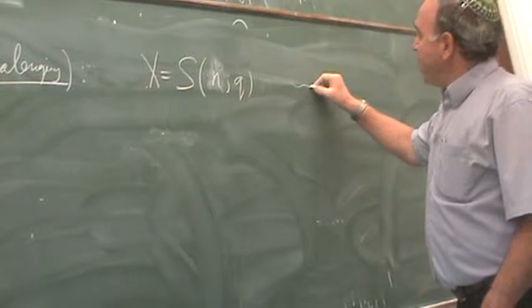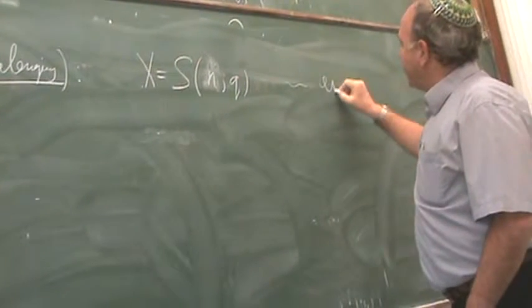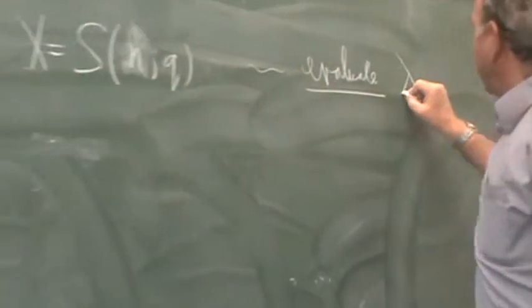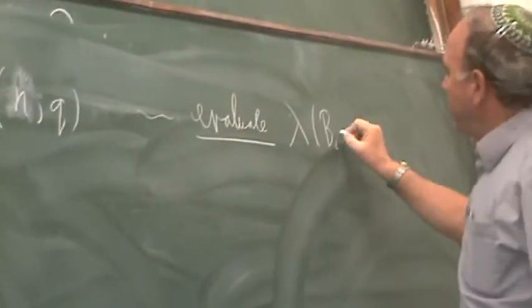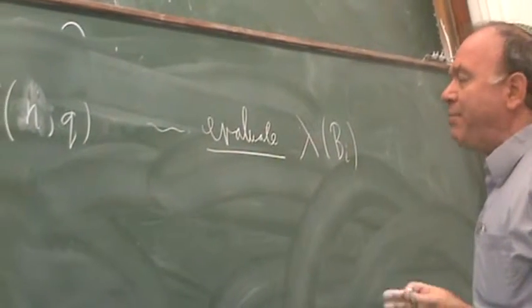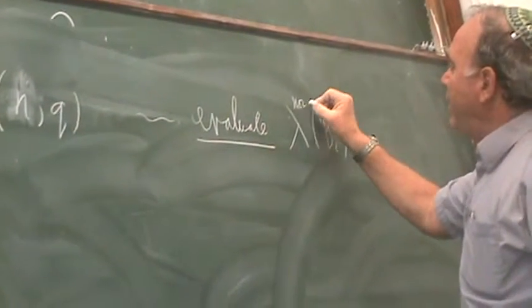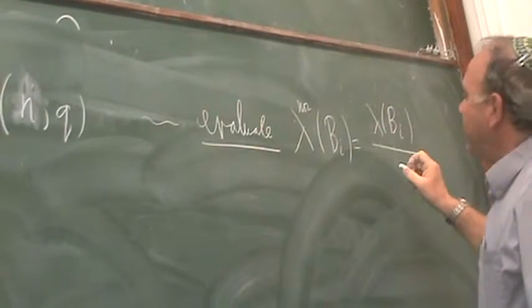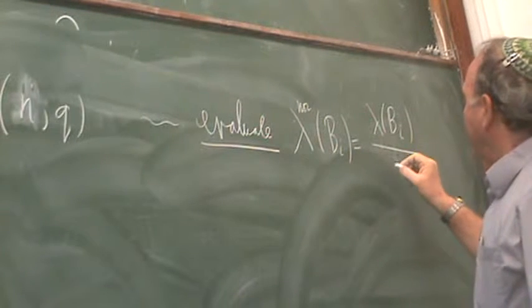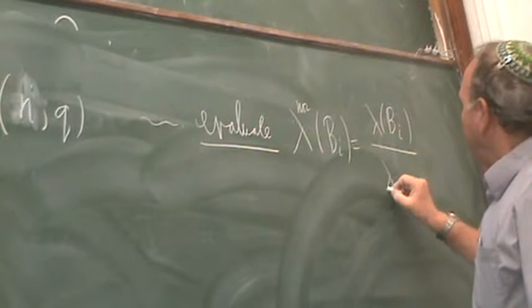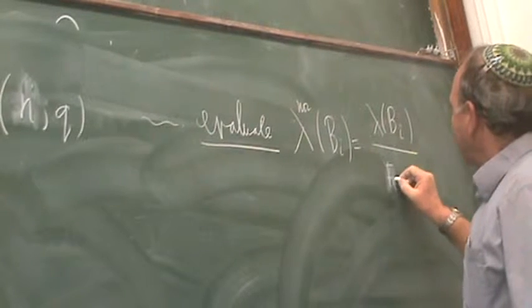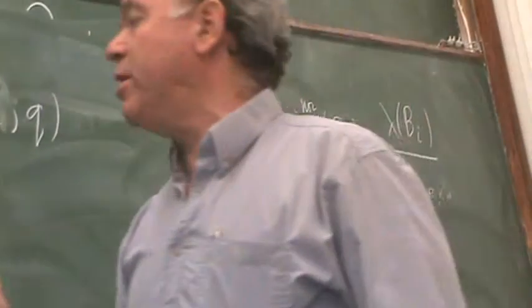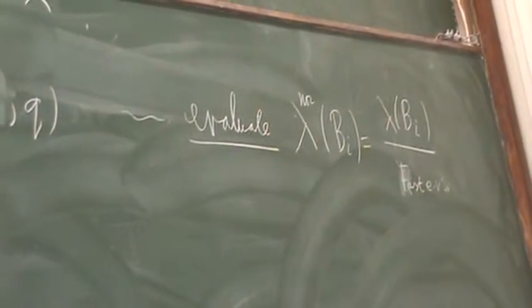And then evaluate this lambda of B_i, or if you want, the normalized lambda. The normalized lambda is really the second largest eigenvalue of B_i divided by the first eigenvalue. The first eigenvalue is not that difficult to compute. It needs some work, but it's not difficult.